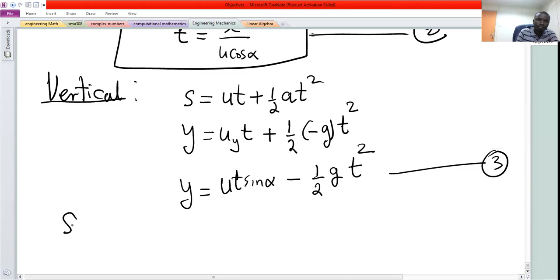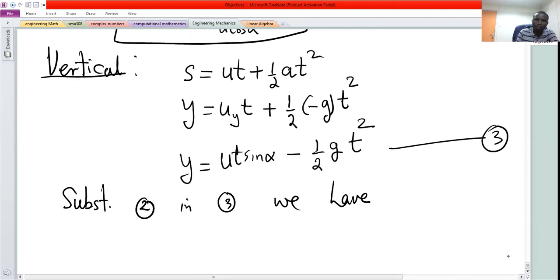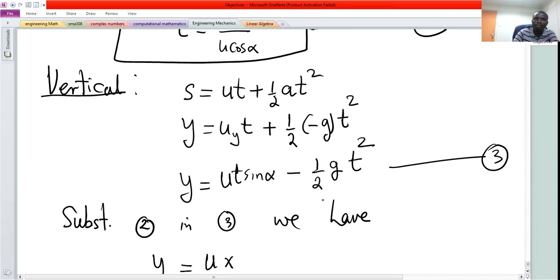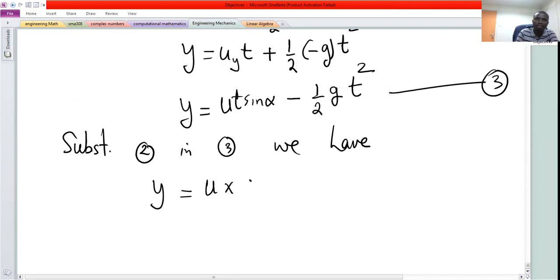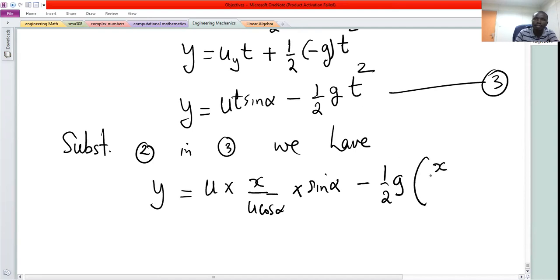So substituting 2 in 3, we have y equals u, where there's t, you put x over u cos alpha, times sine of alpha, minus a half g, into t replaced by x over u cosine of alpha, and then you square.